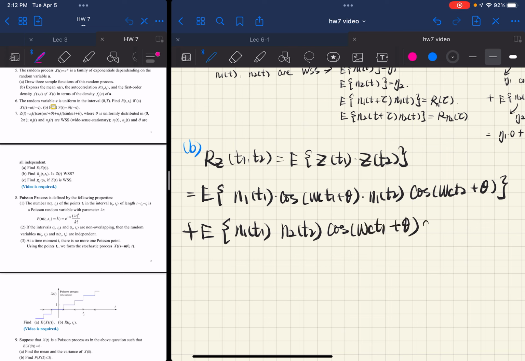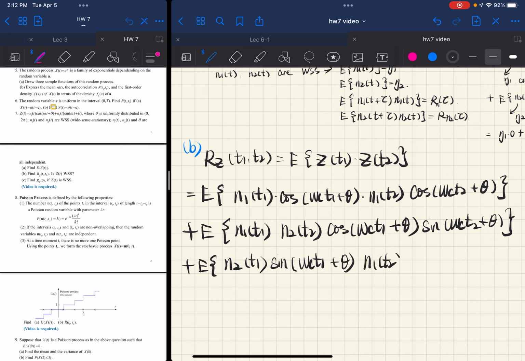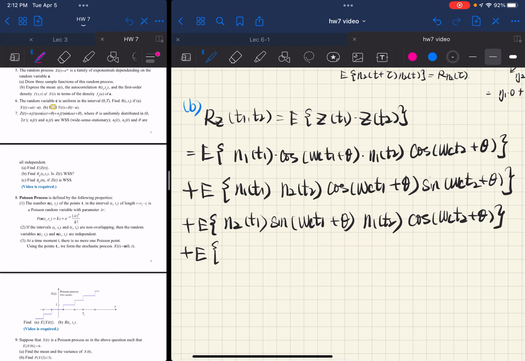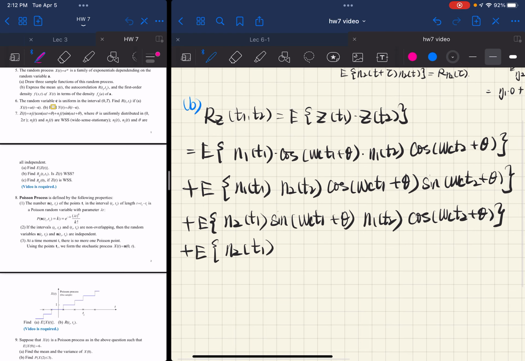I just write down the formula, and it is the third term, and it is the fourth term.